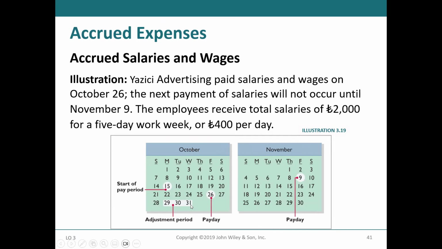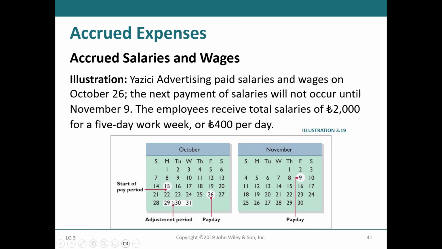How many days have the employees already worked for us, but we haven't paid them yet? There are 3 days, right? 29, 30, and 31. Yazici has not paid them yet.